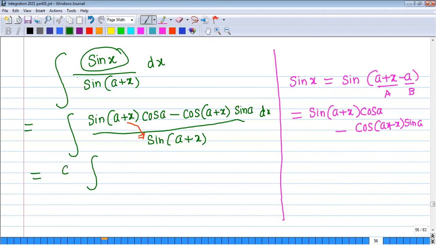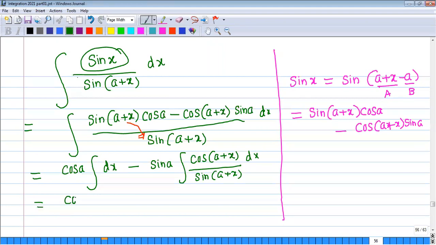Cos a is constant, take common dx, minus, here sin a is constant, take out common, integral of cos of a plus x upon sin of a plus x dx. So very simple.